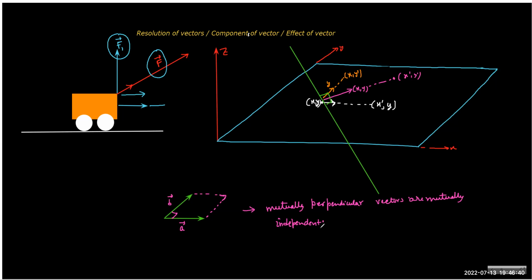This independence is the core idea of learning the resolution of vectors, because they are mutually independent. So let's see how we do it and how to develop the intuition about the same.